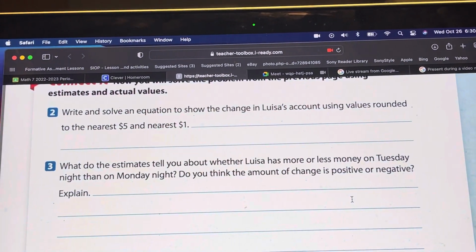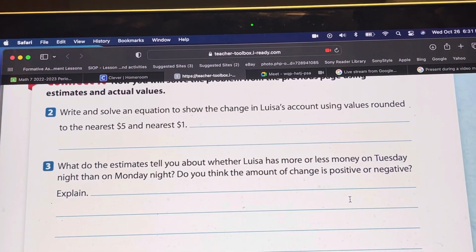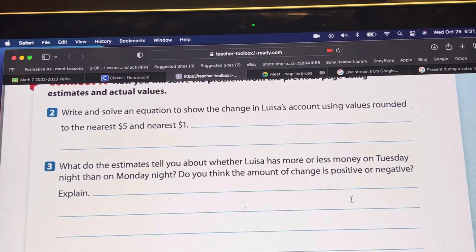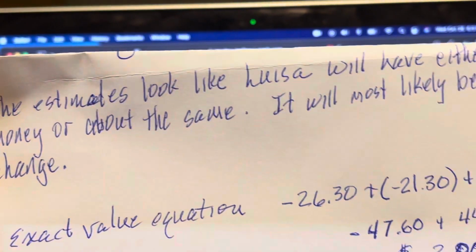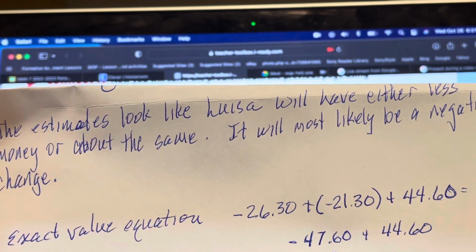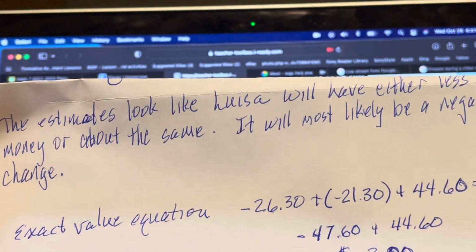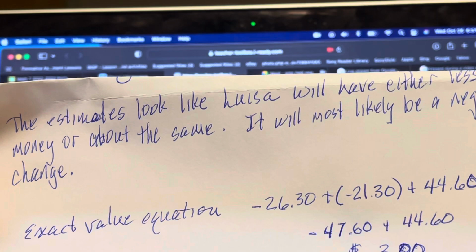So that's what the next question says: what do the estimates tell us about whether Louisa has more or less money on Tuesday night than she had on Monday night? The estimates look like Louisa will have either zero money change, less money, or about the same.